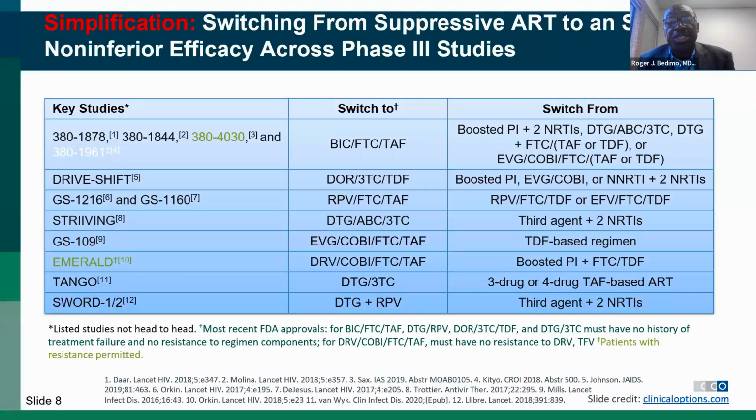Simplification is easier now than ever because almost all the classes of drugs can be co-formulated into single tablet regimens. When in the mid-90s antiretroviral therapy was somewhat optimized and was called highly active antiretroviral therapy for the first time, it is because it really worked maximally to suppress viral replication, like Dr. Saag said.